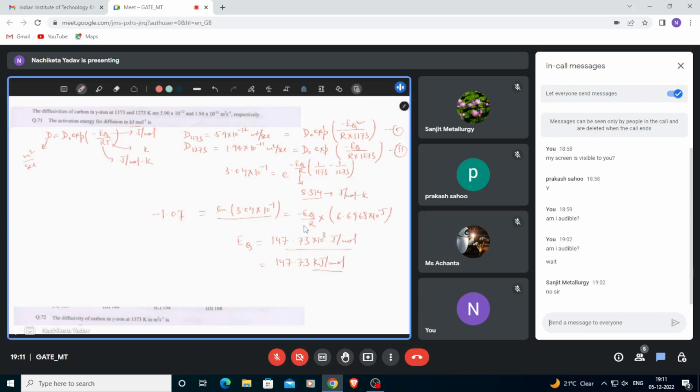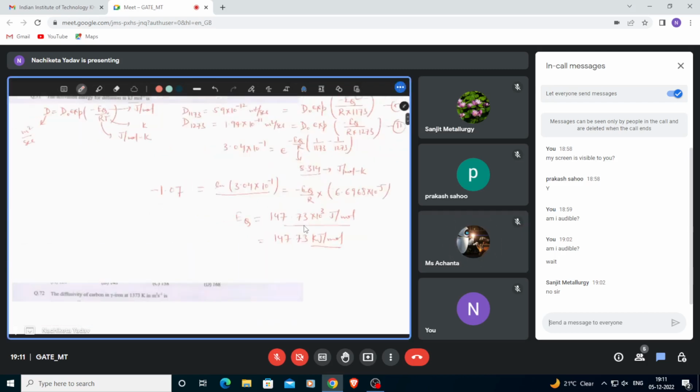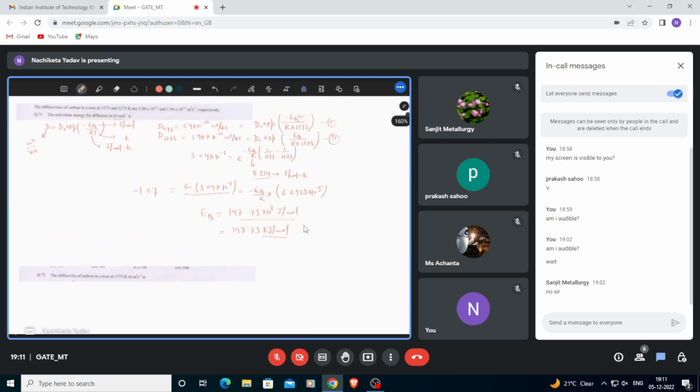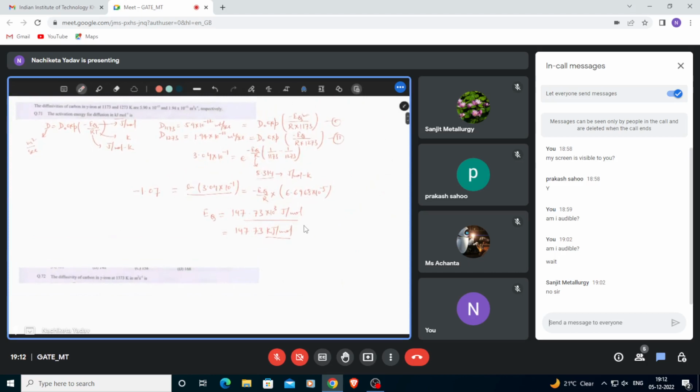Okay. So based on this same data, can you tell me what is the diffusivity of carbon in gamma iron at 1373 Kelvin? How will we calculate diffusivity of carbon at 1373 Kelvin?